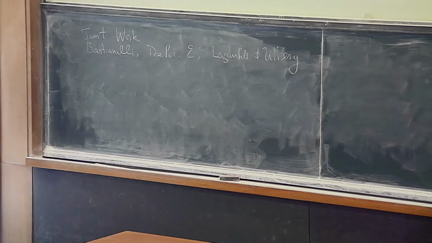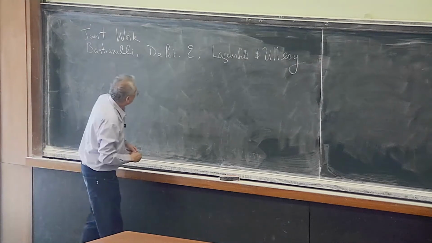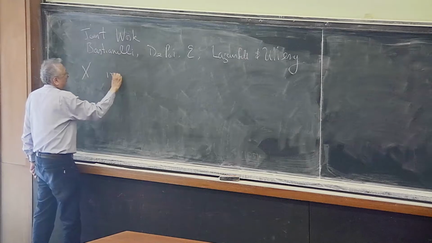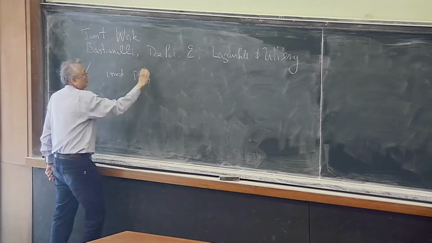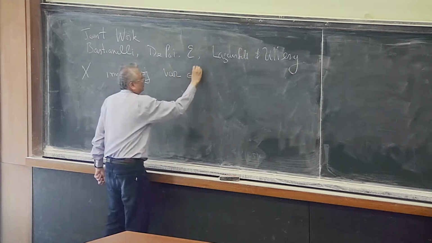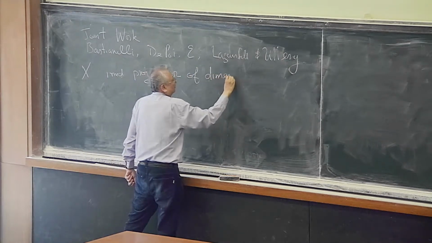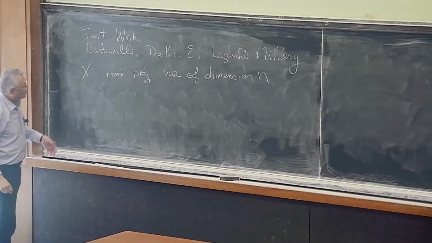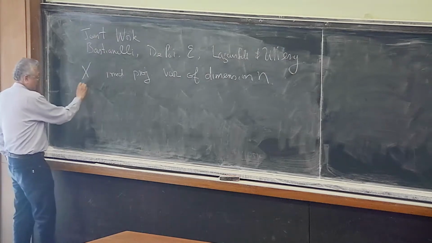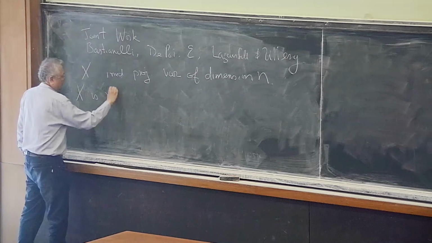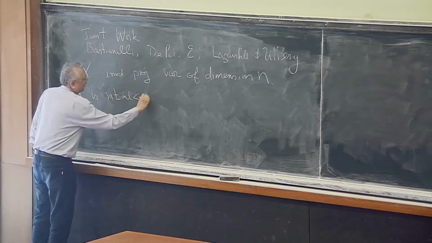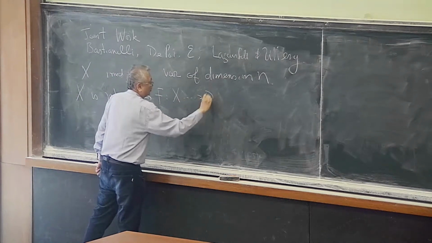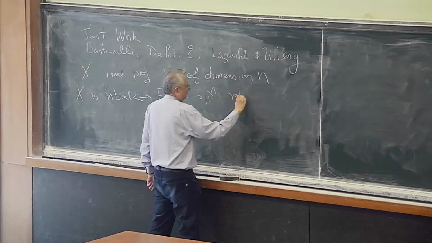So the kind of question we were studying is the following. You're starting with X, let's say an irreducible projective variety of dimension n. And well, we know that X is rational. That's the same thing as saying that there is a rational map of degree 1 to P^n.